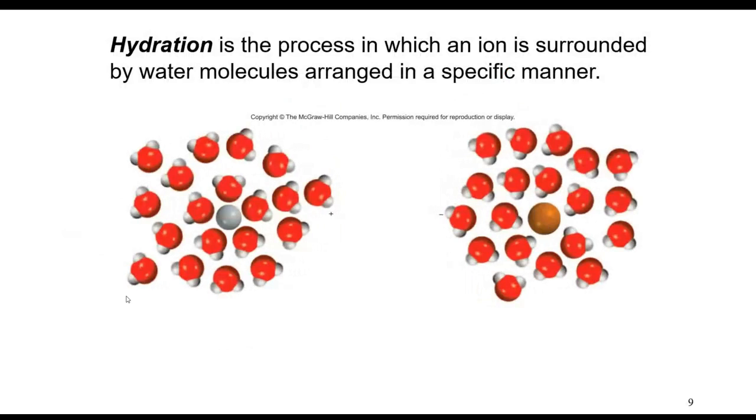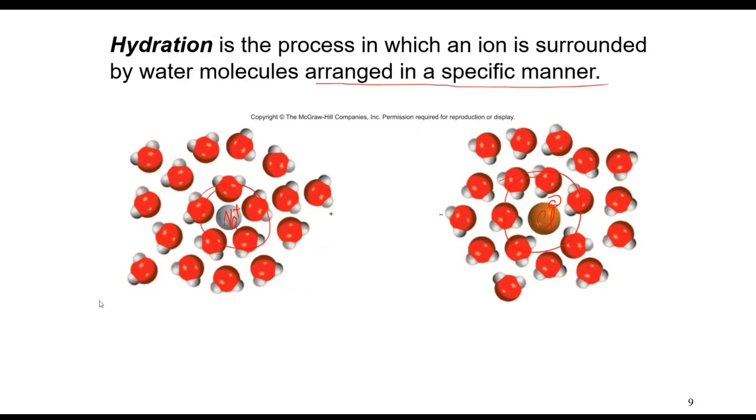Now you see NaCl: this is Na positive and this is Cl negative. These are water molecules. Hydration is the process in which an ion is surrounded by water molecules arranged in a specific manner. So the definition is important.